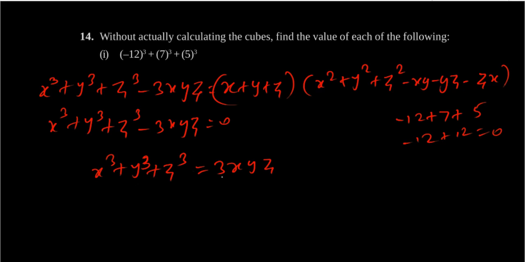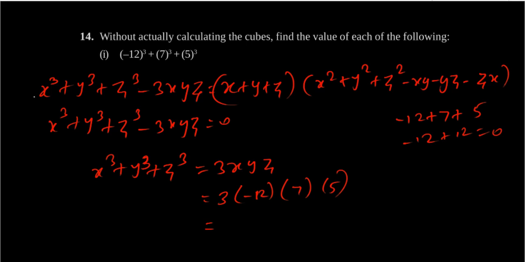That is exactly equal to 3xyz. So, we only need to calculate 3 times x. In place of x we have minus 12. In place of y we have 7. In place of z we have 5. We need to multiply only these numbers for getting the value of this. Why? Because x plus y plus z is 0. So, this right hand side fully becomes 0.